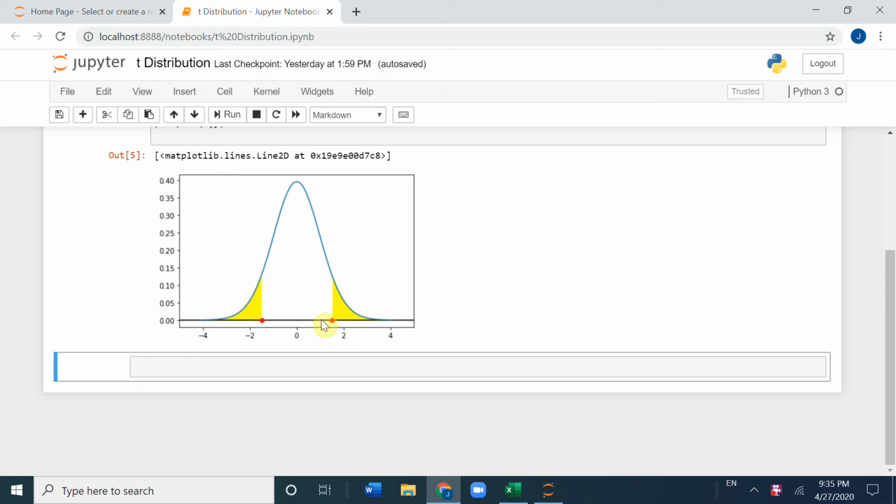So the total is 1, the area is 1 minus this right side tail, and you would get the left side area up to this point. So if you only use half alpha, you will get a negative. You use 1 minus this half alpha, that means the left side area, and you get a positive. You see these are both symmetric.